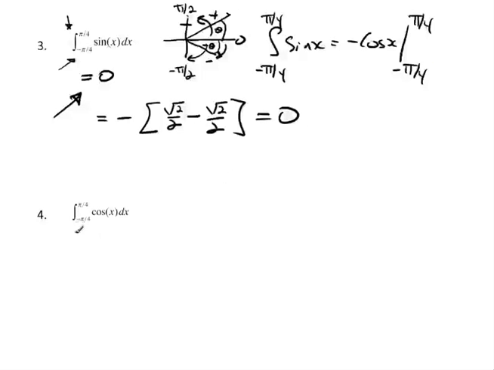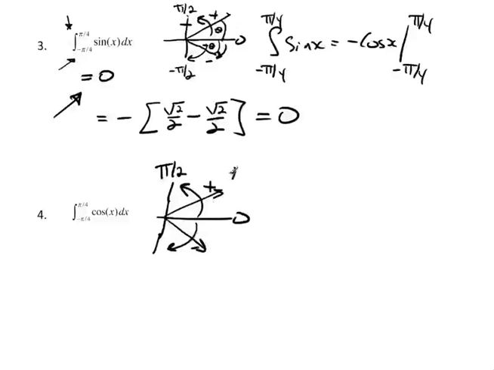Now it turns out, in this next one, I have the same bounds, symmetric bounds, but cosine is actually an even function. Again, if I think of it this way, 0 to pi over 2 in this direction is a positive angle, and in this direction is a negative angle. Regardless of where I am, in either of these quadrants, quadrant 1 and quadrant 4, the x-coordinate is what I associate cosine with.